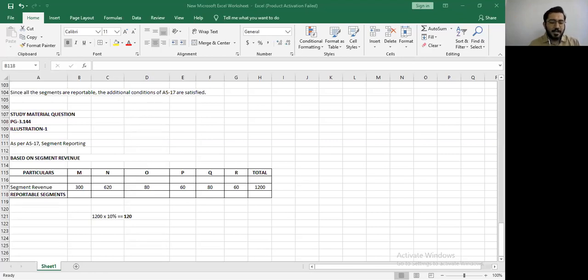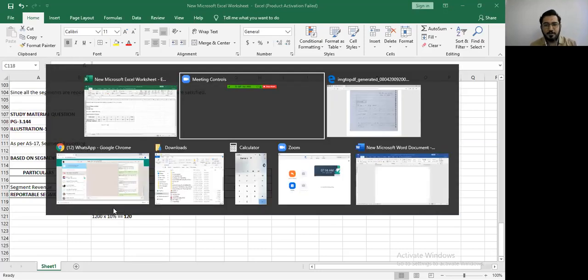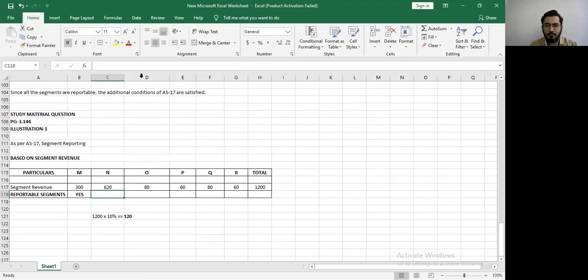Tell me, is segment M reportable? Your 10% criteria asks for 120, you have 300. Of course, the revenue exceeds the required 120, so separate disclosures are required. What about segment N?